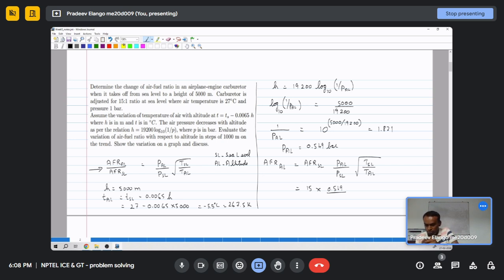It is given as 27 degrees Celsius and 1 bar, and temperature at sea level is 27 degrees Celsius, and that will be 300 Kelvin, divided by temperature at altitude, 267.5. Can you calculate the air fuel ratio?